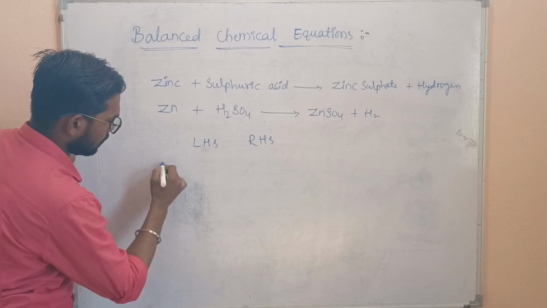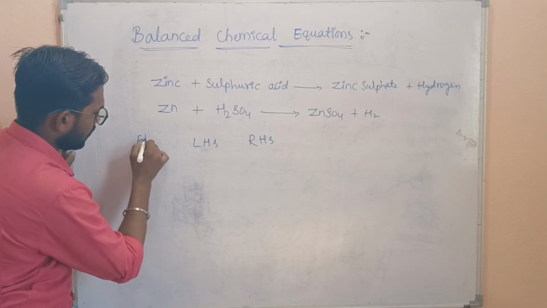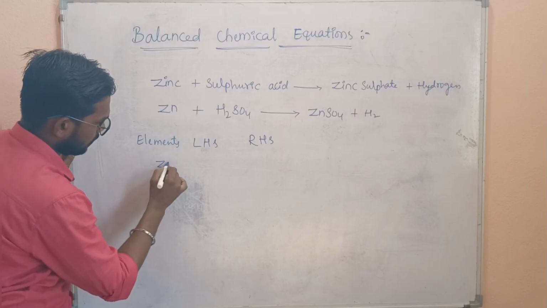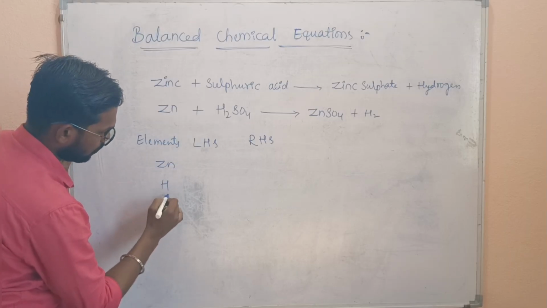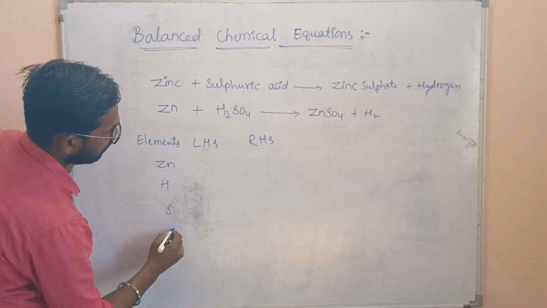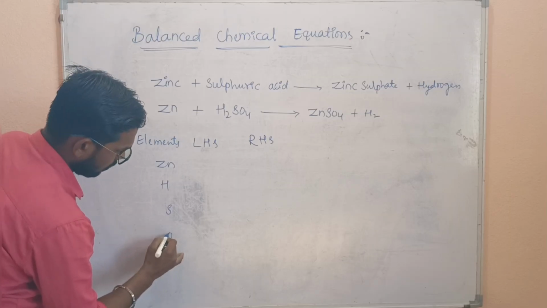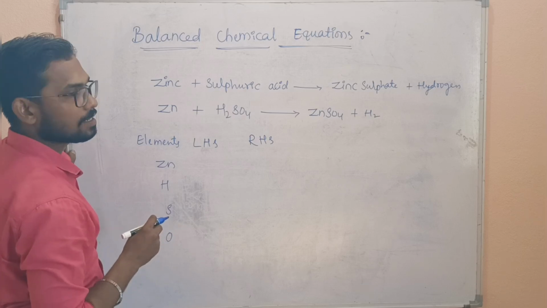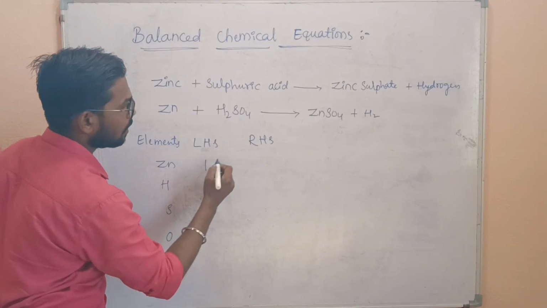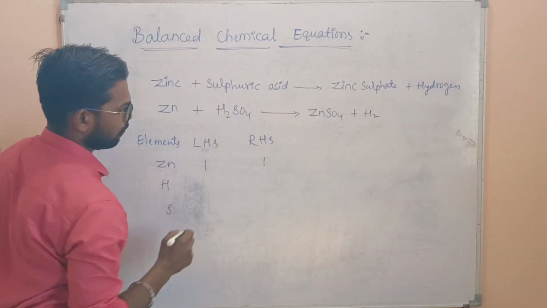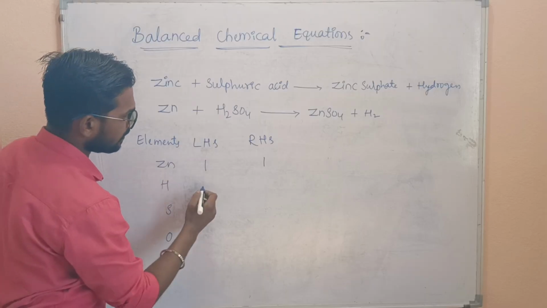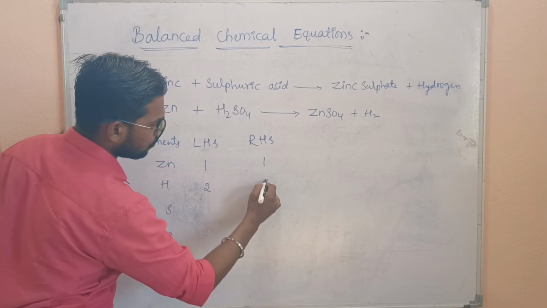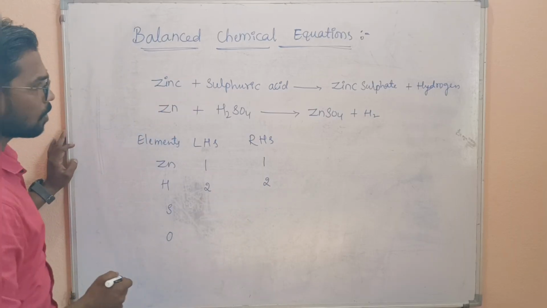The first element is zinc, second is hydrogen, third is sulfur, and fourth is oxygen. Zinc on the left hand side is 1 and on the right hand side it is also 1. Hydrogen on the left hand side has 2, and the right hand side also has 2.